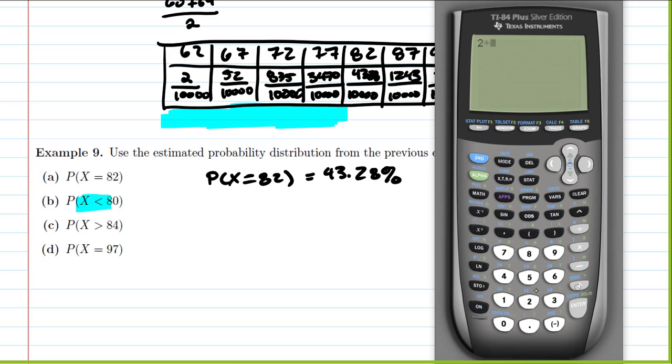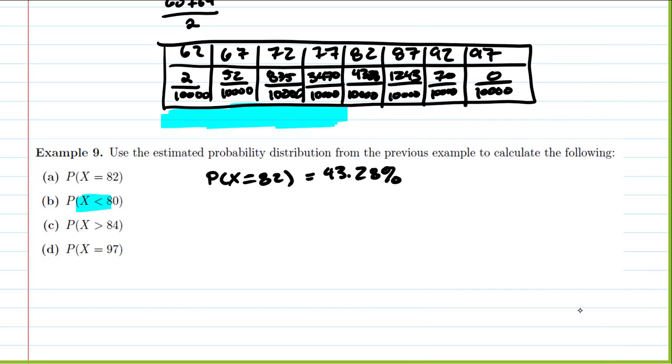So 2 plus 52 plus 835 plus 3470 gives us 4,359.